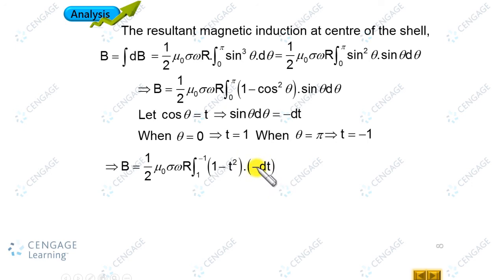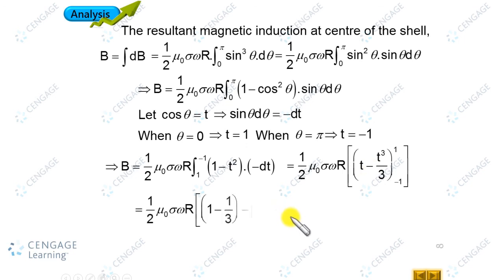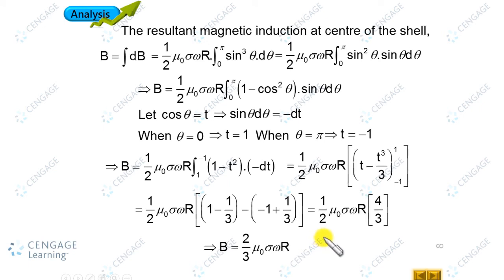If we multiply with this minus, this will be equal to t square minus 1, and after integration finally, now you can substitute the limits. Okay, and after calculation we will get the final term 1 by 2 mu naught sigma omega r times 4 by 3, and if we finally simplify, this is 2 by 3 mu naught sigma omega r. This is the magnetic field due to rotation of this thin spherical shell.